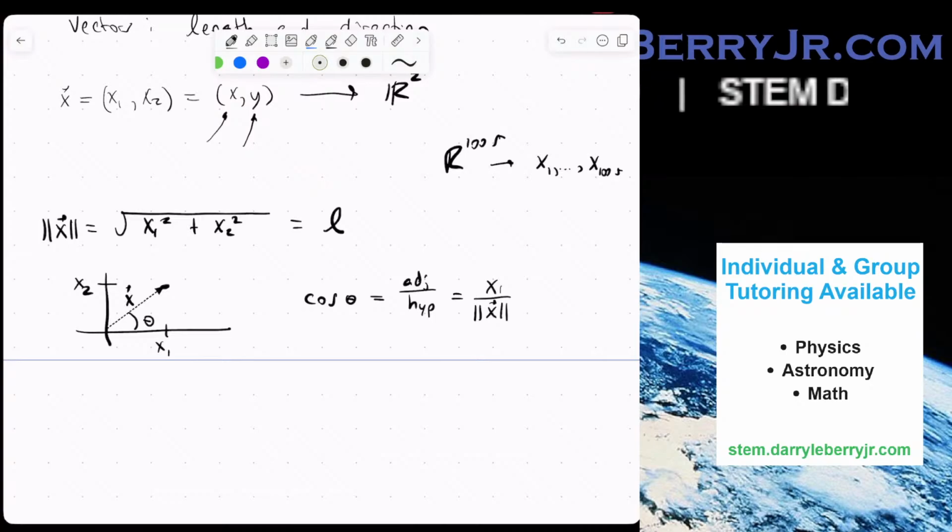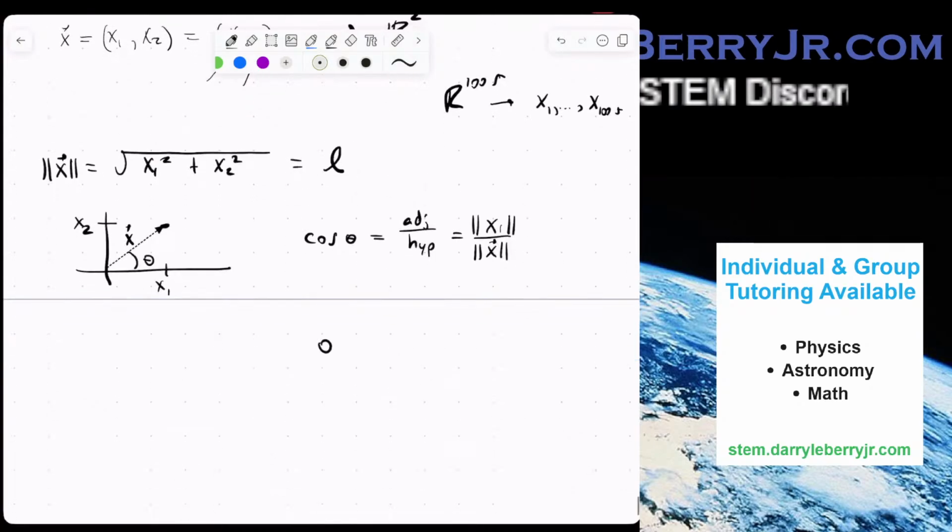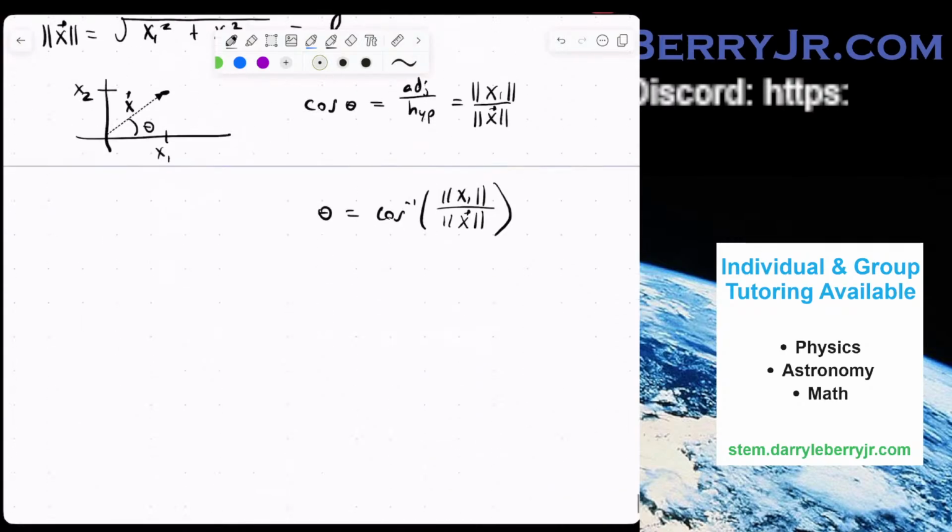And this will be the magnitude of this as well. So you can say theta equals cosine inverse of the magnitude of x1 over the magnitude of x. So let's test this.